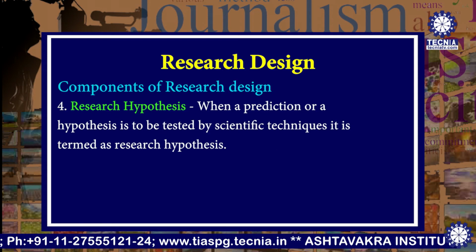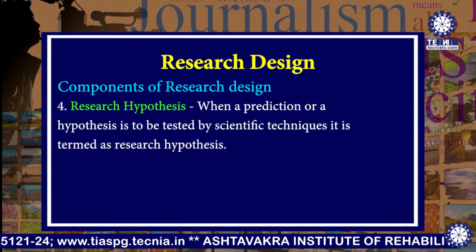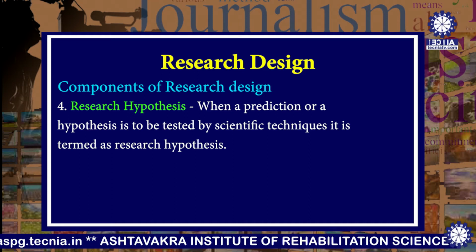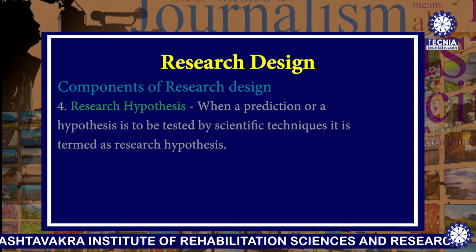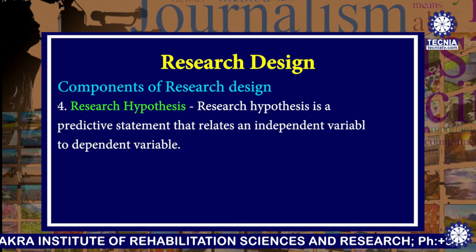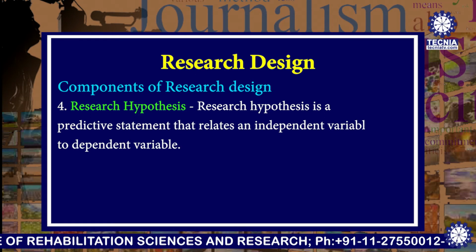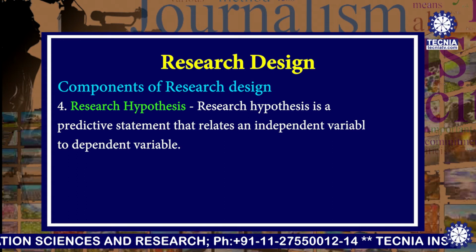The fourth component is research hypothesis. When a prediction or a hypothesis is to be tested by scientific techniques, it is termed as research hypothesis. Research hypothesis is a predictive statement that relates an independent variable to a dependent variable.